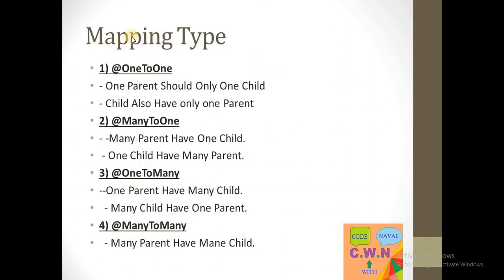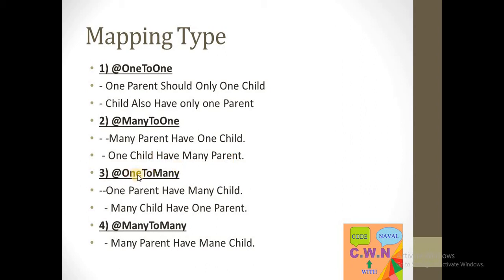So next, move to the slide. Here ORM provides a few annotations for mapping. The first one is one to one. In a one-to-one case, one parent should have only one child class and one child also has only one parent class. The second one is many-to-one. Many parents have one child class and one child has many parent classes.